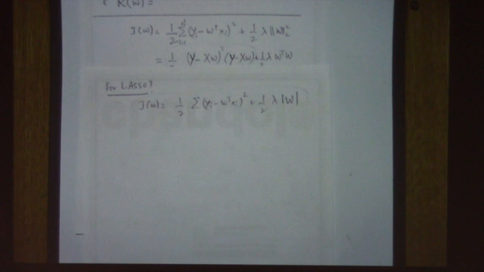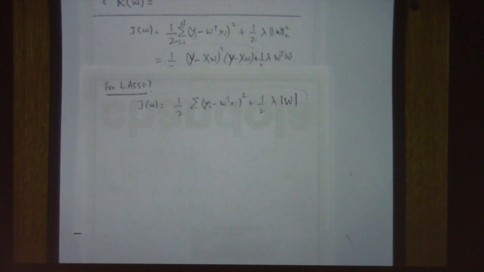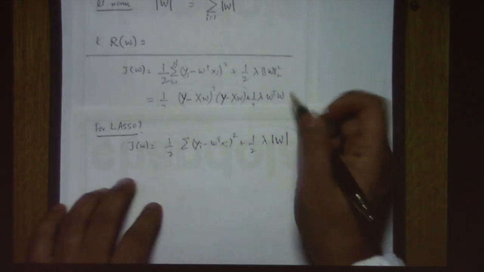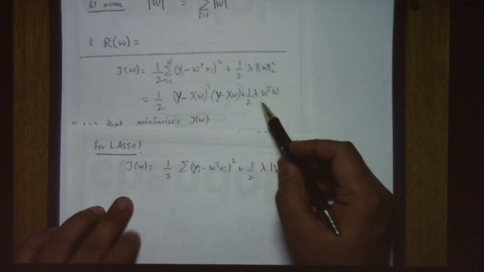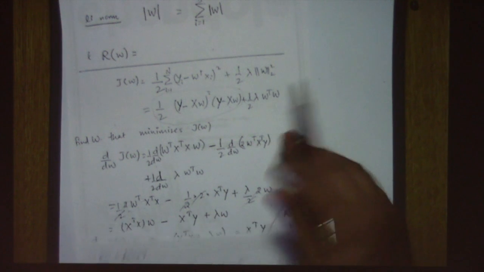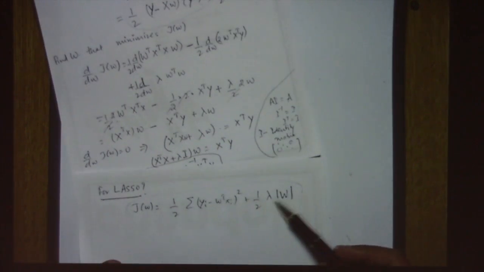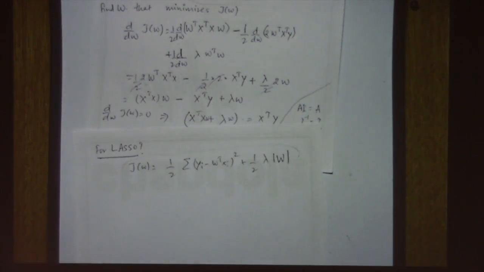That's where things start getting a little more interesting, because it's not easy to differentiate absolute values. That is why ridge regression is so nice to work with, because it lets us do this differentiation, and this is what we get. But if you have something more complicated like this one, then you can't do a differentiation because this is not a smooth function.